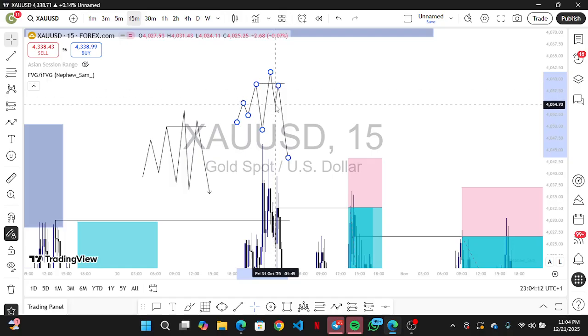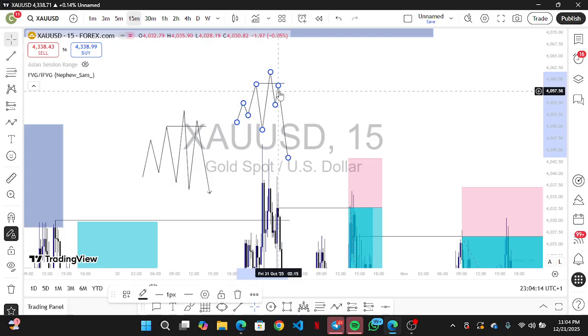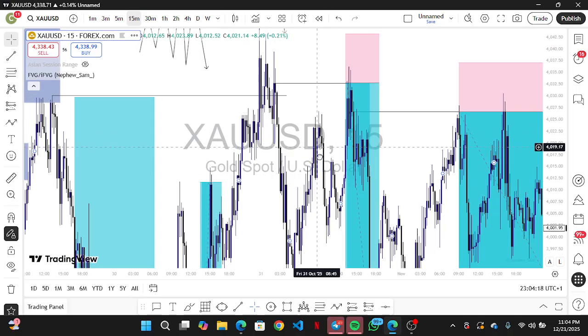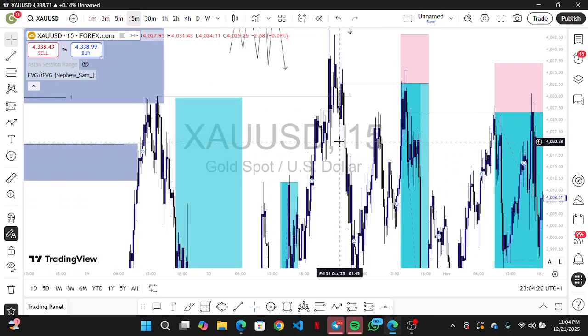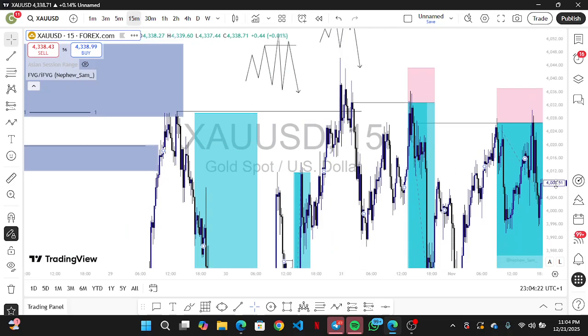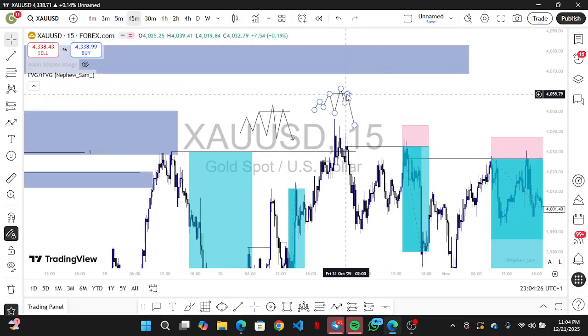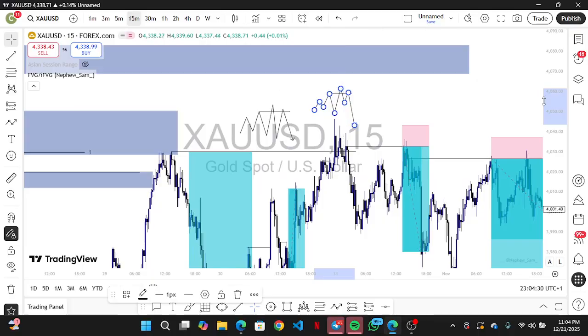It then comes down well enough to that level, giving it that inverse key zone or level, and then it sells off from there.